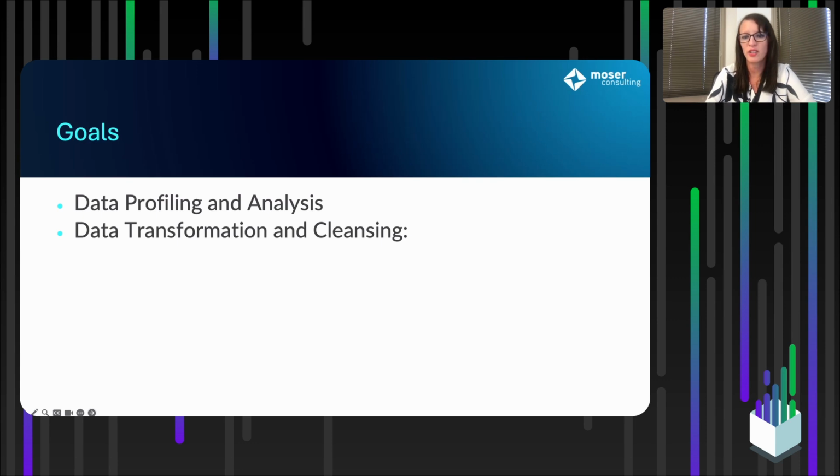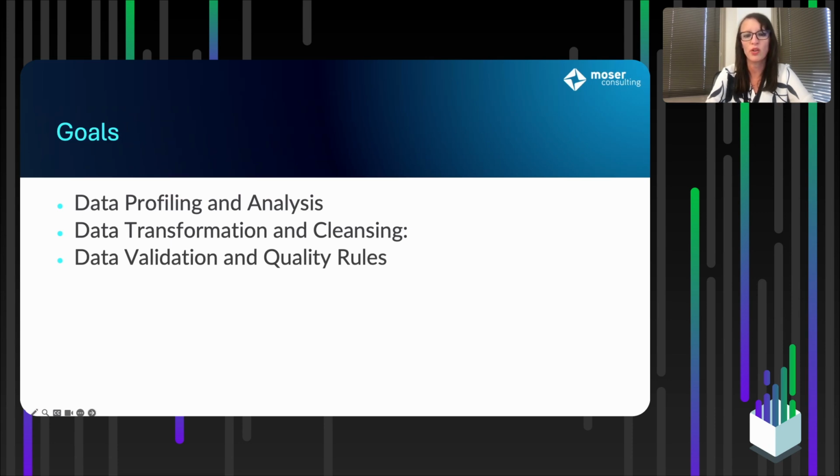Data transformation and cleansing. This included implementing data cleansing rules and transformations to standardize data formats, handle missing values, remove duplicates, and correct errors or inconsistencies. Using technologies like parsing, data type conversions, regexes, and lookup tables to bring data into a consistent format.